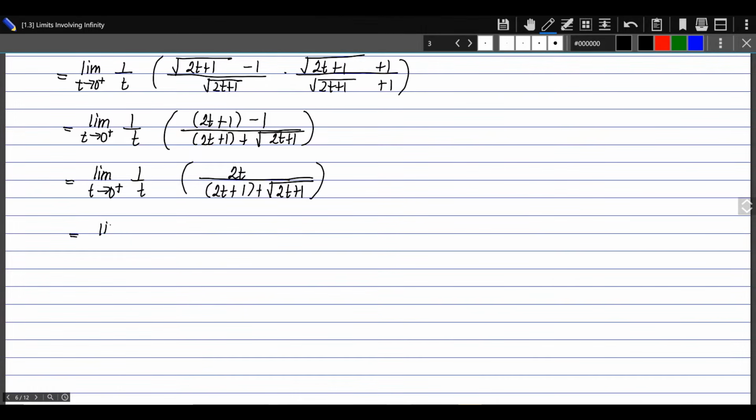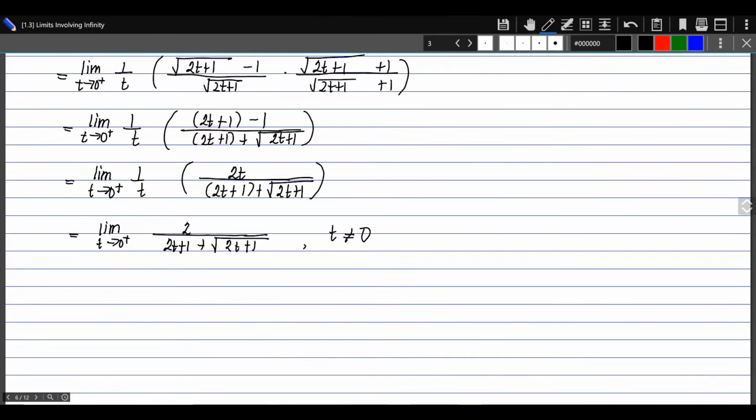Observe that we can cancel t here, so we have the limit of 2 over the square root of 2t plus 1 plus the square root of 2t plus 1. We can cancel t because we know that t only approaches 0 and this is not equal to 0.